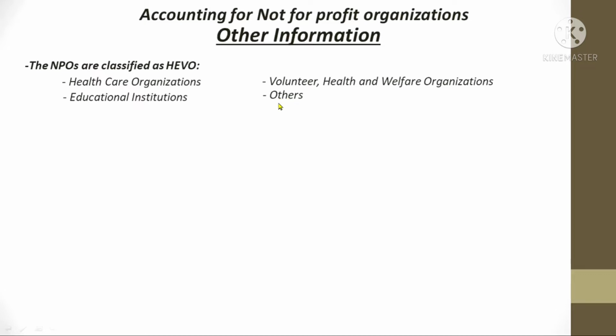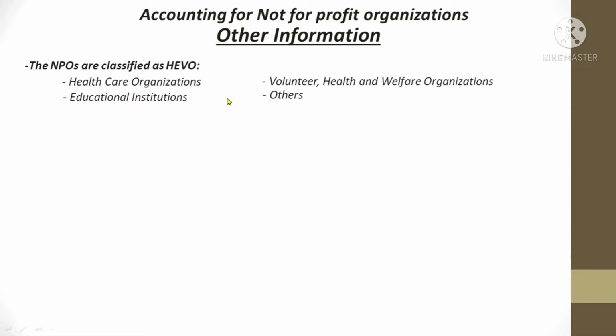But why? It is because this information that you need to know is centered on the unique accounting features of each classification. What I mean is that there are some accounting requirements for healthcare organizations that are unique to it. Meaning, those requirements do not apply to educational NPOs and do not apply to voluntary health and welfare organizations and others.